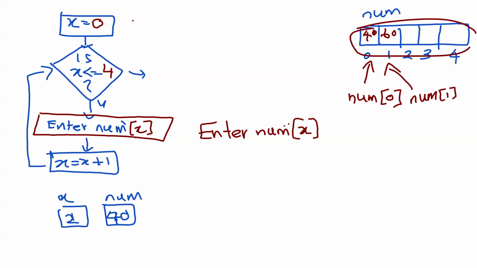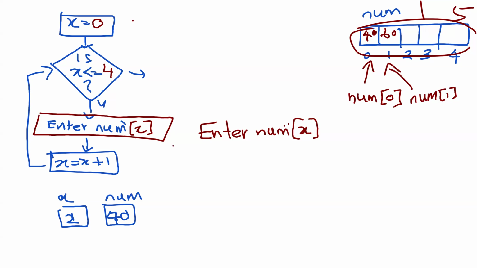Here the number of elements is 5, so your last value is 4. Right. All of you clear? Clear? Right.